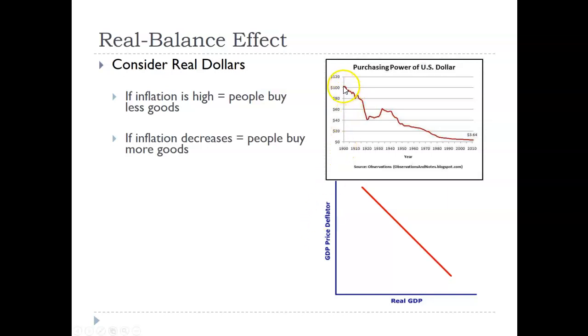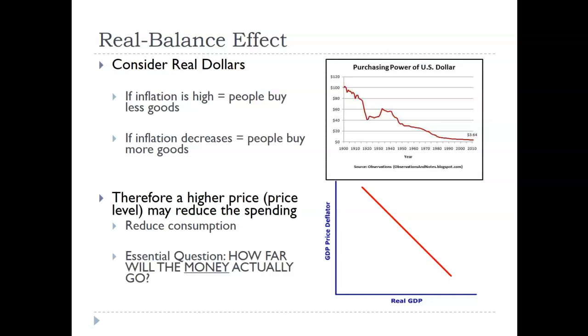So if the purchasing power decreases, people buy less stuff. They might buy a larger dollar value, but as far as real output, they are going to buy less. Why? Their money doesn't go as far. The real balance is adjusted for inflation: your bank account balance does more or less based on inflation.